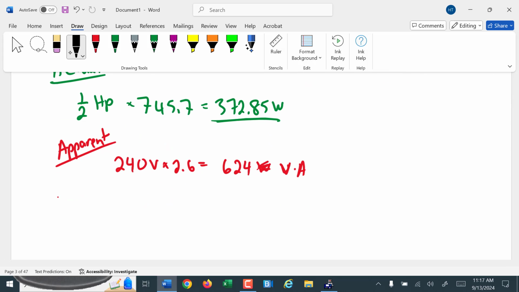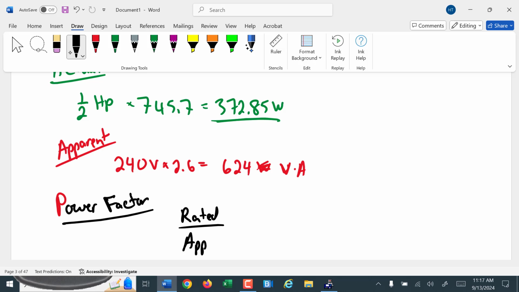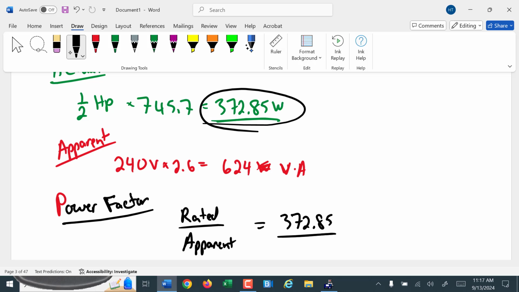So then our power factor is the rated power over the apparent power. Here we have the rated power, the 1/2 horsepower of 372.85 over the apparent power of 624.